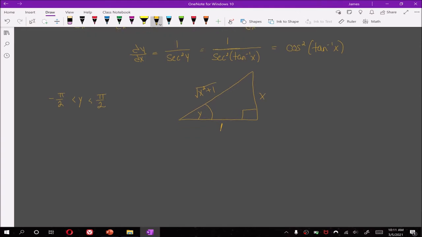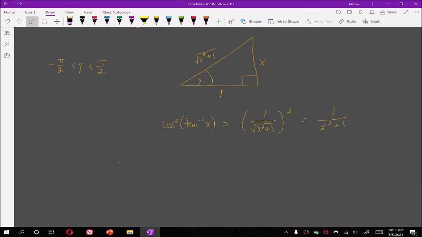So we're going to have that cosine squared of the inverse tangent of x is 1 over the square root of x squared plus 1, all squared, which is 1 over x squared plus 1.